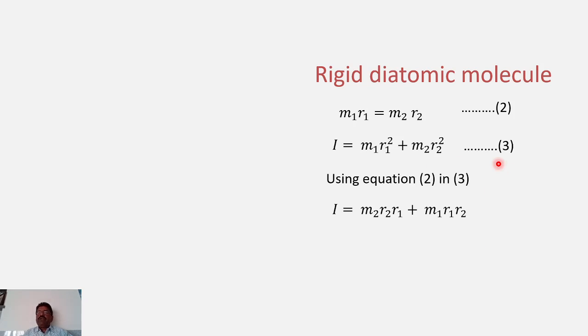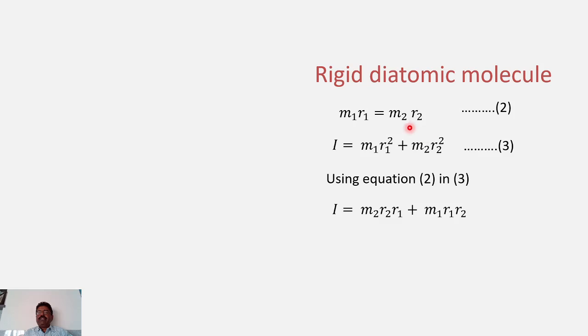Now using equation 2 in equation 3, m1 R1 is equal to m2 R2, we shall use here. In equation 3, you can write m1 R1 square as m1 R1 into R1. But m1 R1 you can replace by m2 R2. So m2 R2 into R1.